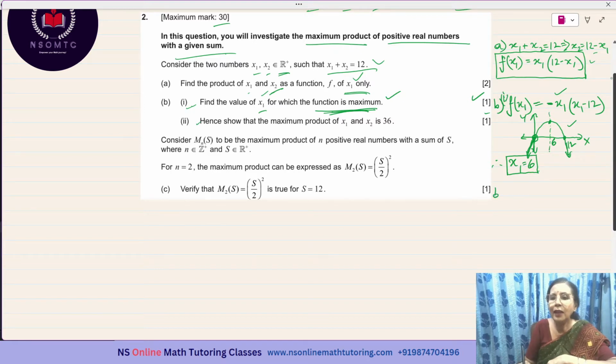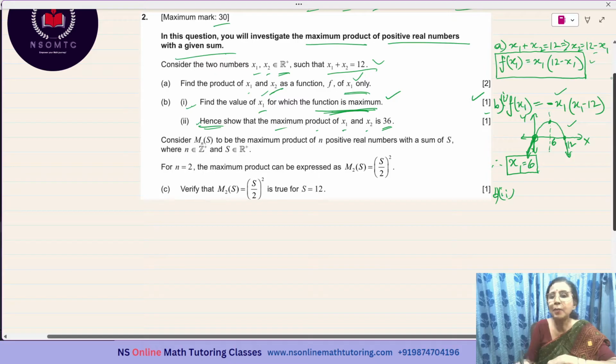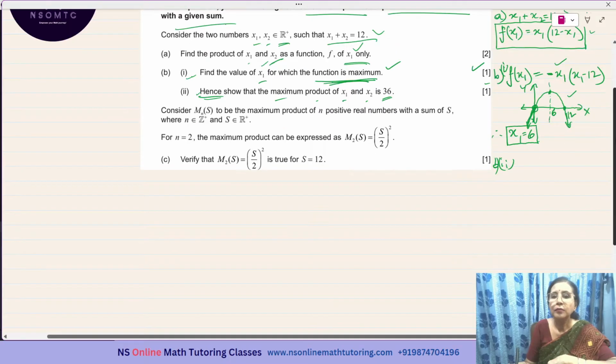And b ii. Hence, show that the maximum product of x1 and x2 is 36. So the function will be maximum when x1 is equal to 6. It is also containing a single mark.